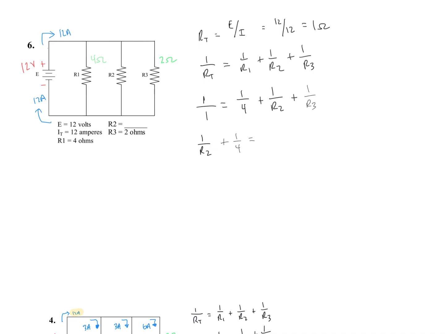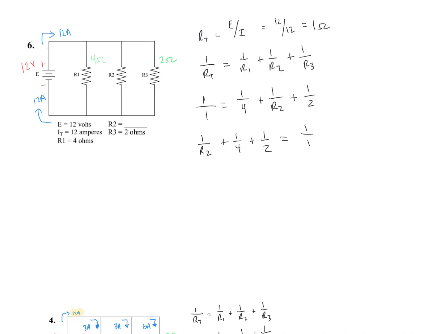And then R3, I put the wrong number in here. R3 was 2. Just like that, right? Same equation, just flipping it left to right and so forth.